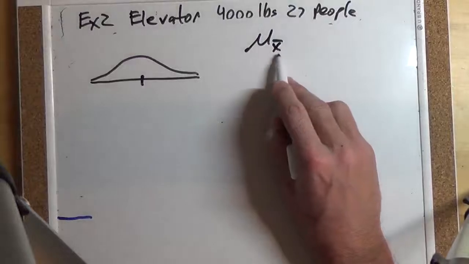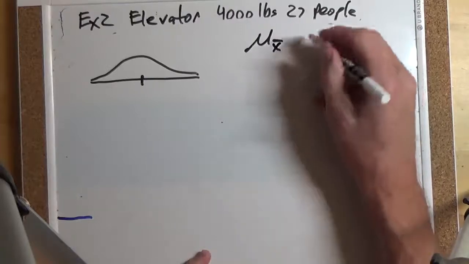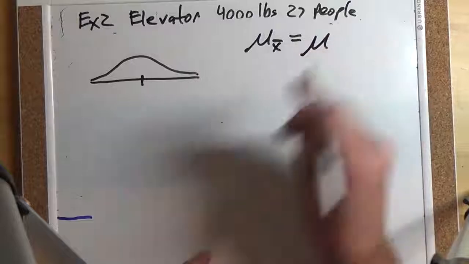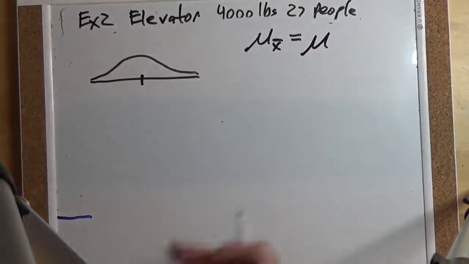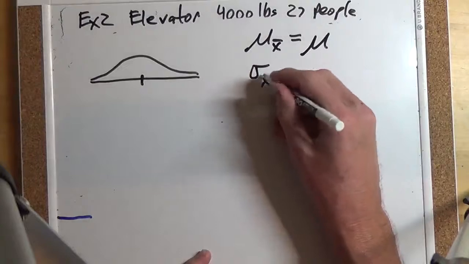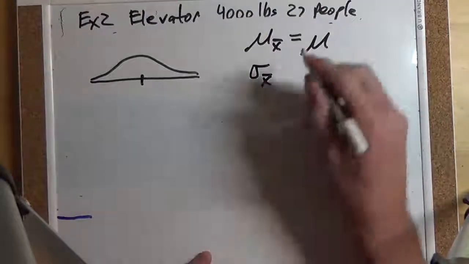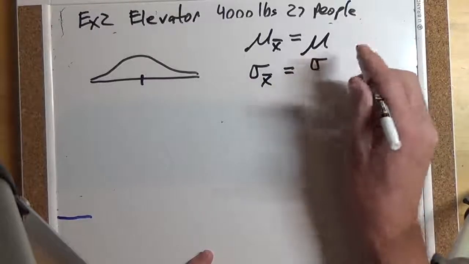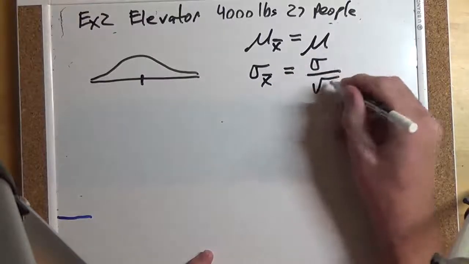Notice I put this little X bar subscript, but central limit theorem says that's the same as the mean of the population. Now I want the standard deviation of my sample. Central limit theorem says, oh, that's the population standard deviation divided by the square root of n.